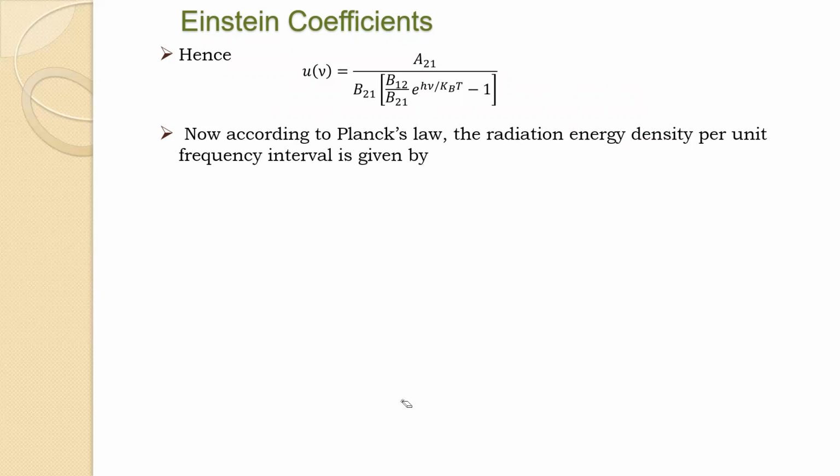U of nu d nu is equal to, it is a famous expression, 8 pi h nu cube divided by c cube into 1 divided by e raised to h nu divided by kbt minus 1 into d nu. It is the Planck's distribution law. U of nu is the energy density, 8 pi h nu cube divided by c cube into 1 divided by e raised to h nu divided by kbt minus 1.